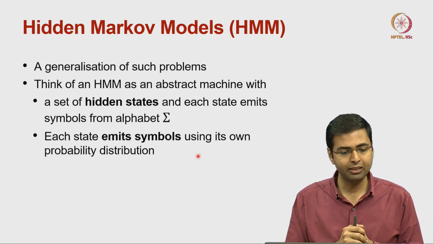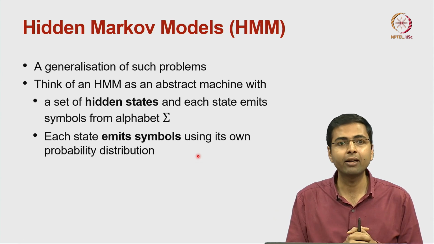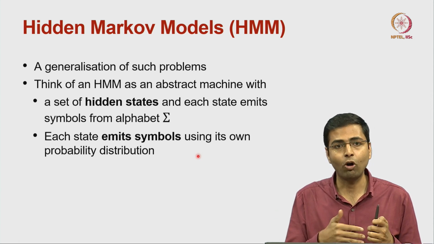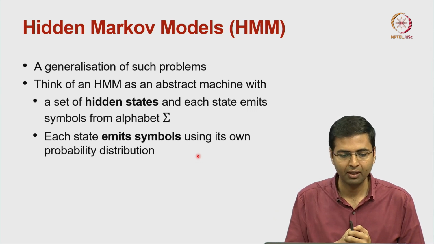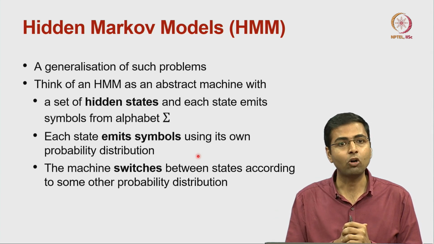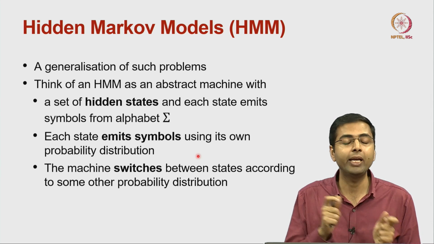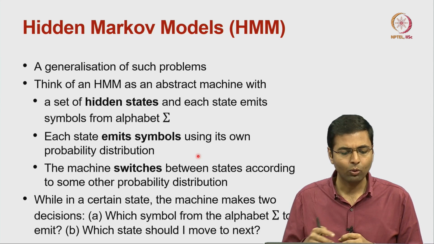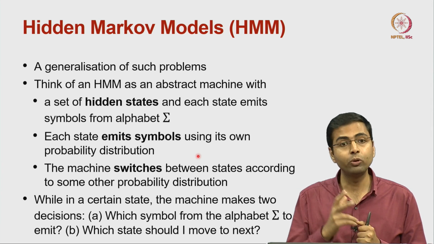Each state emits symbols using its own probability distribution. This was also there in the previous example, where depending on the state, that is a fair coin or a biased coin, the probability distribution of observing a head or tail differs depending on the coin being used. The machine switches between states according to some other probability distribution. For example, we discussed that the dealer can switch between the fair and biased coin, and when the machine is in a certain state, the machine makes two decisions.